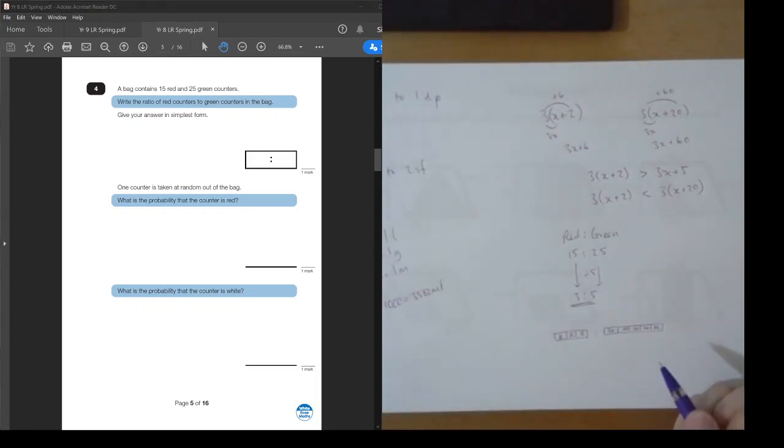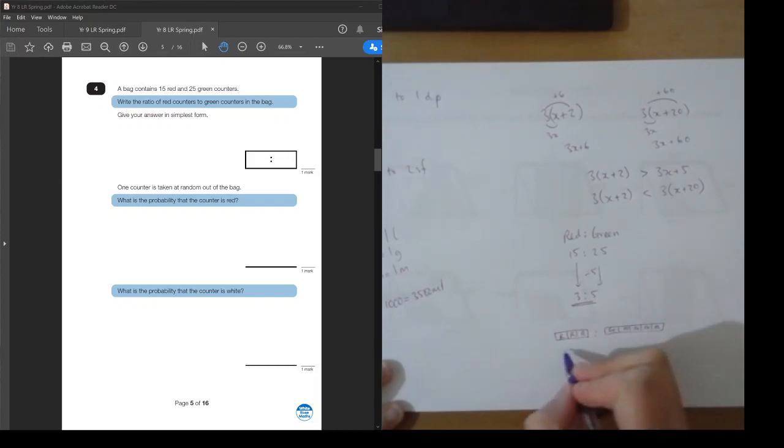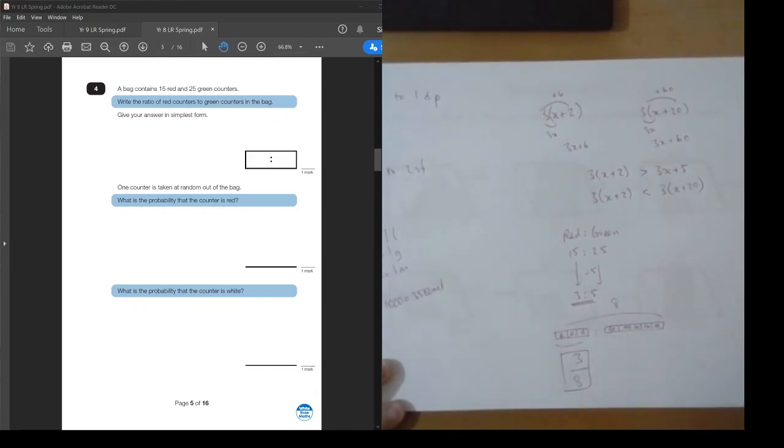So we've got 3 groups of this, 5 groups of that. So my probability of this being red is 3 out of 8. So I'd say 3 divided by 8 is my probability.